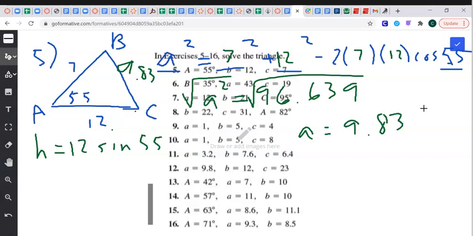Are we dealing with a right triangle here? It almost appears that we might be dealing with a right triangle. Hold on a second. 7 squared plus 9.83 squared. Wow.